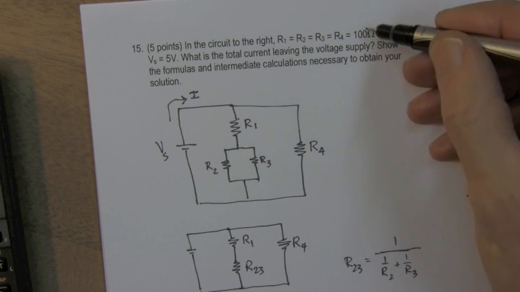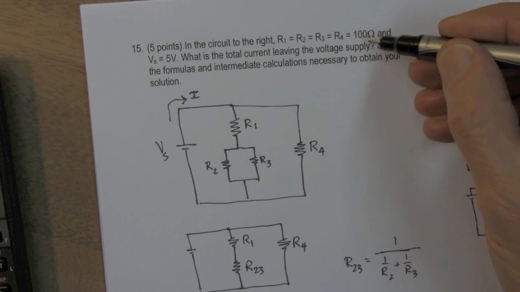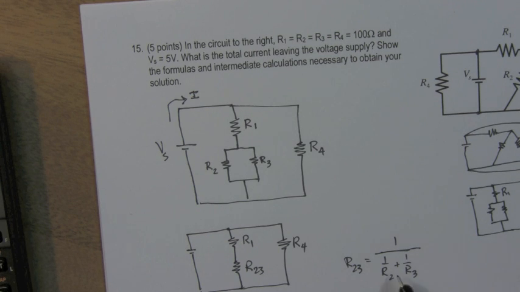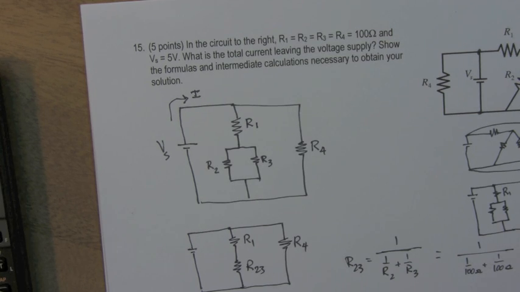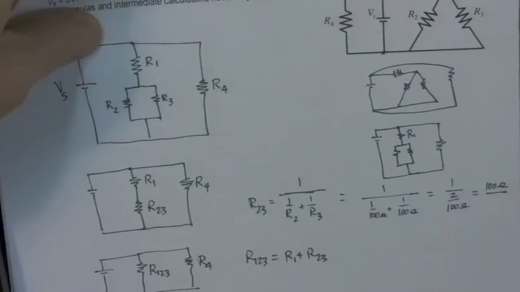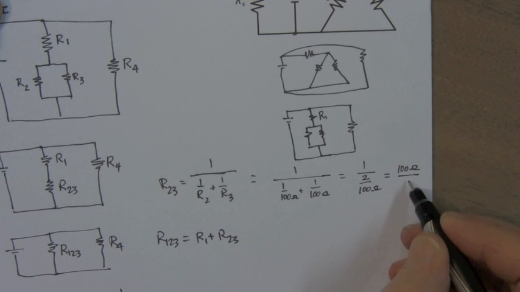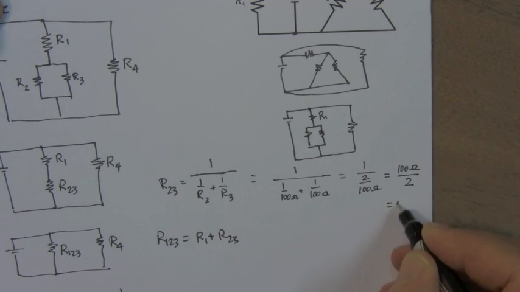So I'm going to use the values of 100 ohms in all of these computations. R23 is equal to 1 over 1 over 100 ohms plus 1 over 100 ohms. That's equal to 1 over 2 over 100 ohms. So invert that, and that's equal to, oops, sorry, 100 ohms over 2, or 50 ohms.